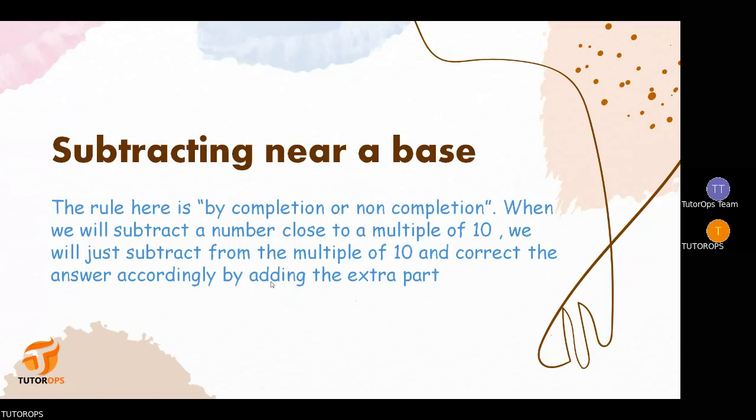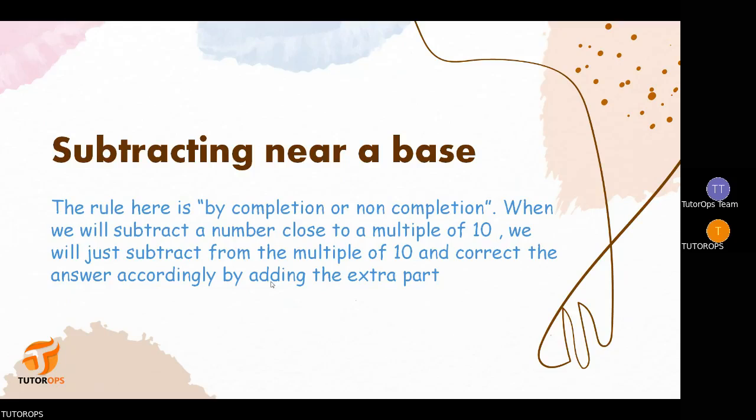Now we are coming to another formula, that is subtracting near a base. What is the formula saying? The rule here is by completion or non-completion, as we have mentioned in the addition video.